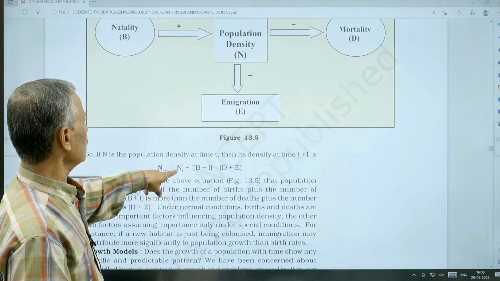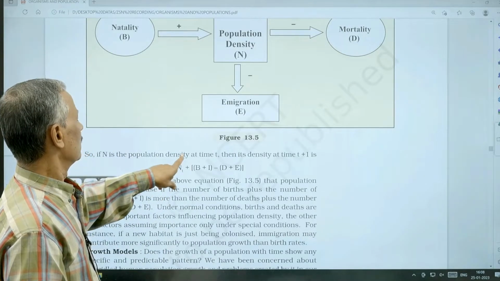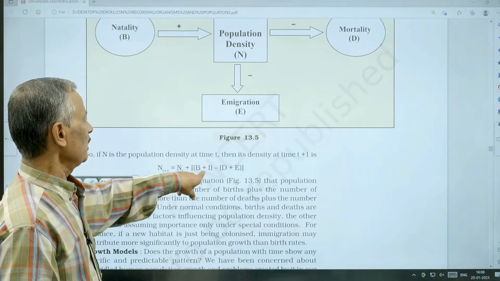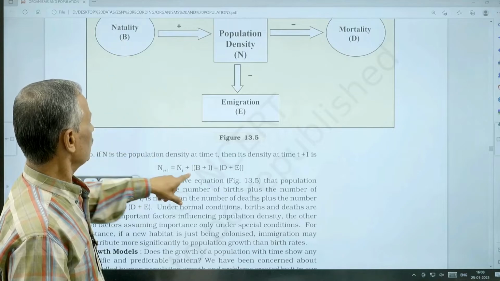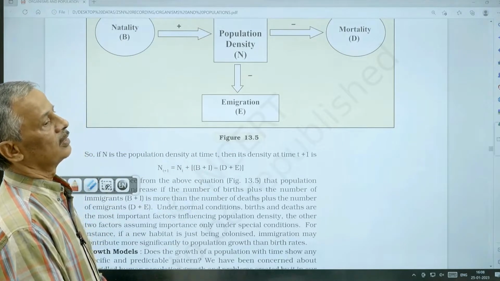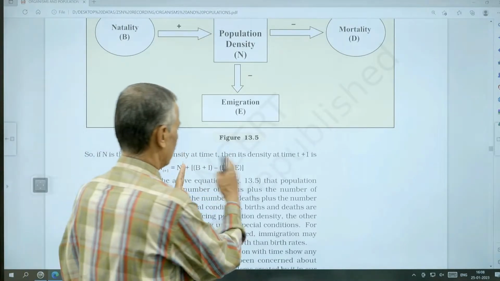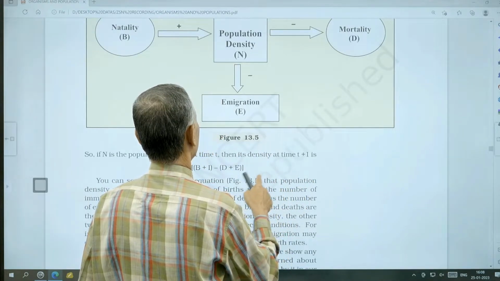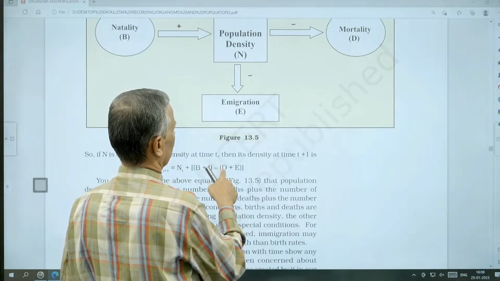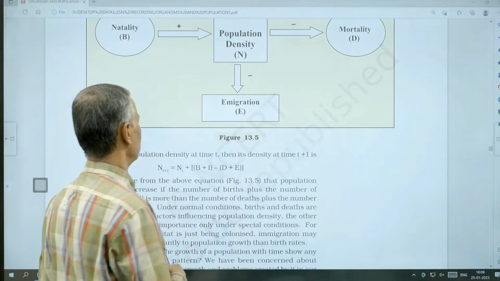So, population after time t is equal to total of the increasing factors, that is birth rate or natality and immigration, minus negative factors which decline the density, death, mortality and emigration.